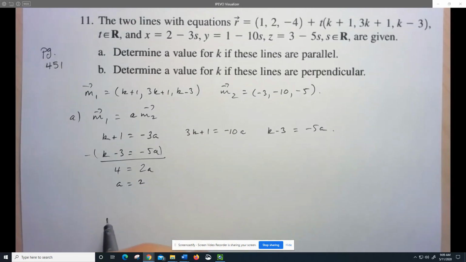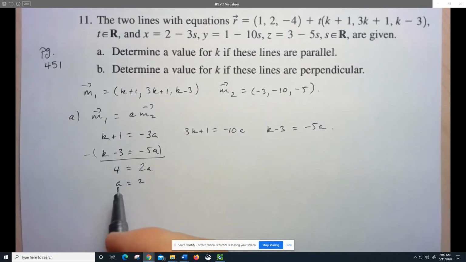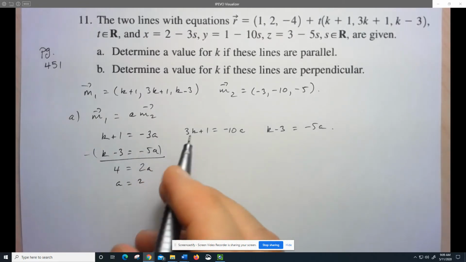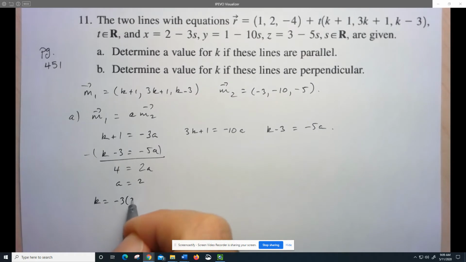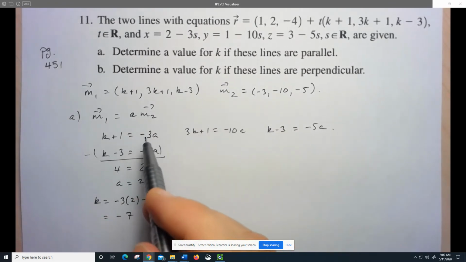But of course, what I'm looking for is the k value. So I'll stick the a value into this equation here. So k is equal to -3 times a, which we just found out was 2, and then I'll bring the 1 to the other side, -1. So here we get -6 minus 1 is -7. Where we have to be careful, though, is that we've only solved the first and third equations.